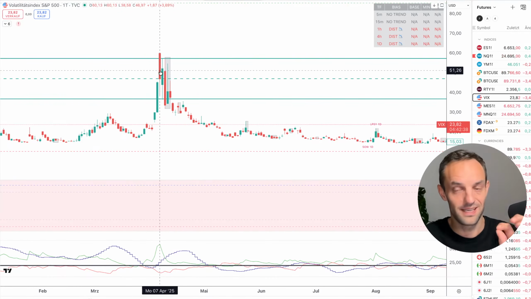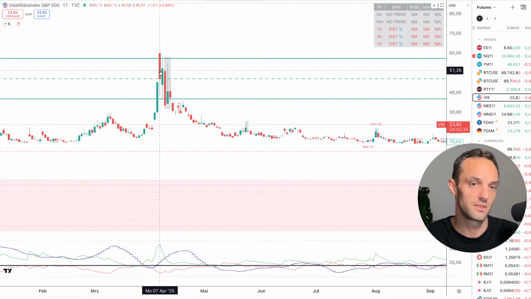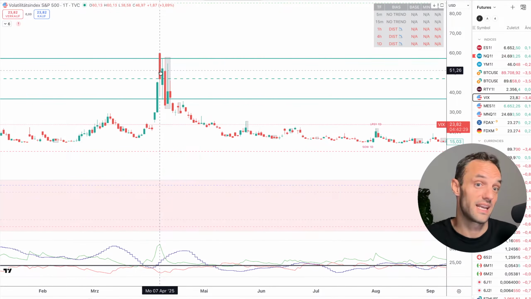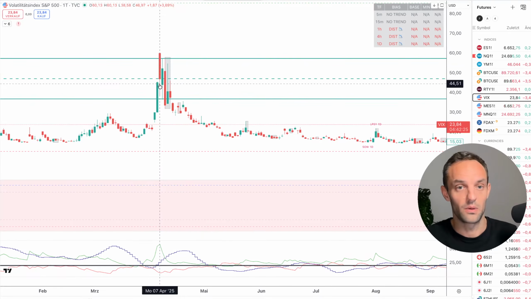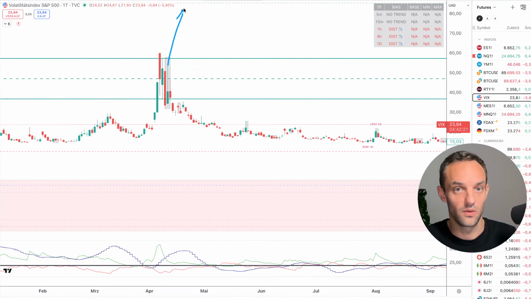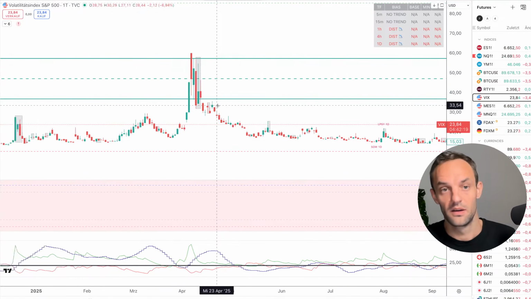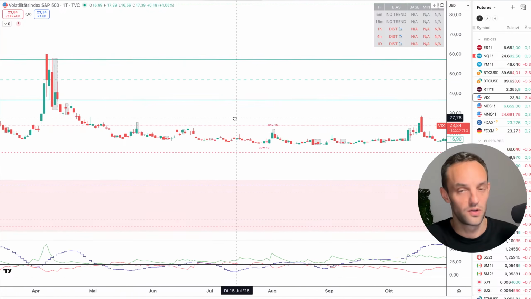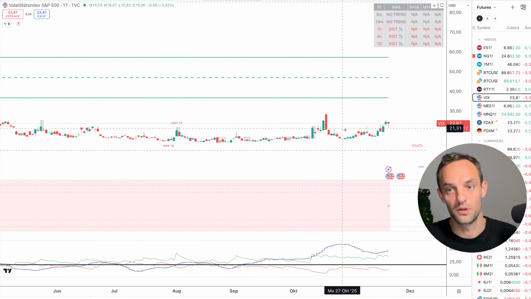So when we see these kinds of things, a 3-point reversal candle, or whatever, 5 points, minimum 3 points reversal, at elevated levels, let's say above 50, above 30, then you can go all in. I would not just go all in when it's reached 40, because we know that the VIX can spike even higher, like here, and you catch not totally the bottom, but close to the bottom.